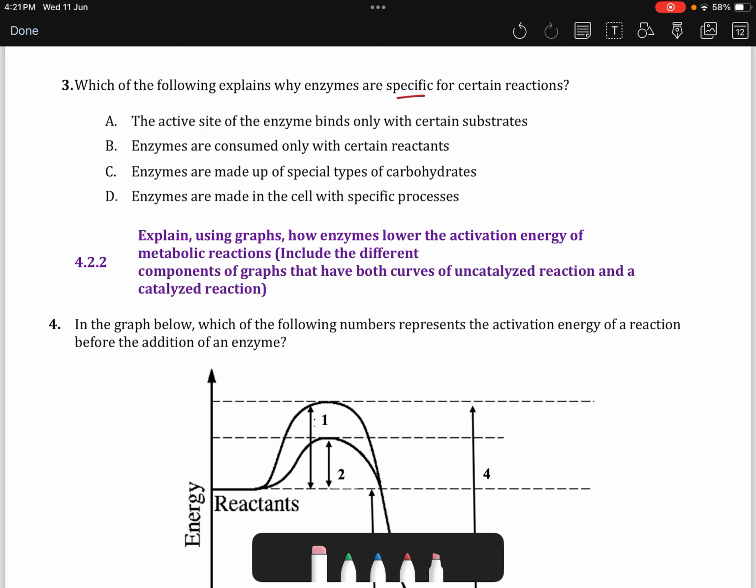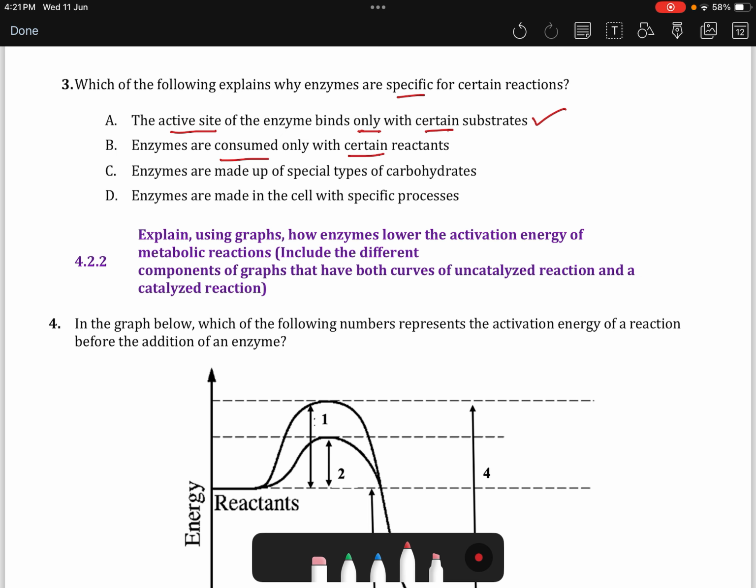The active sites of the enzyme bind only with certain substrates. Yes. The enzymes are consumed only with certain reactants. No. Enzymes are never consumed. They just bind and are then released at the end of the reaction. Enzymes are made up of a special type of carbohydrates. No. I told you they are made up of proteins.